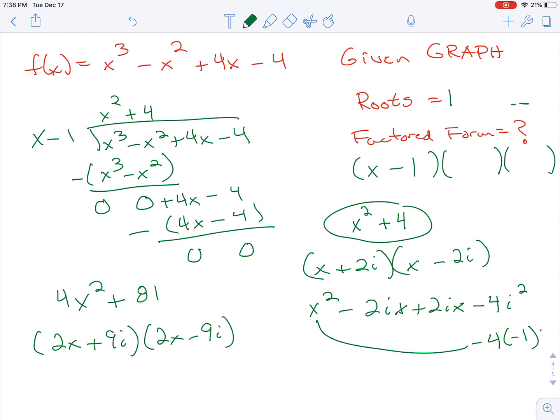So you write out the factors as x plus 2i and x minus 2i, making my other roots positive, negative 2i. And there are the answers to that very big problem.